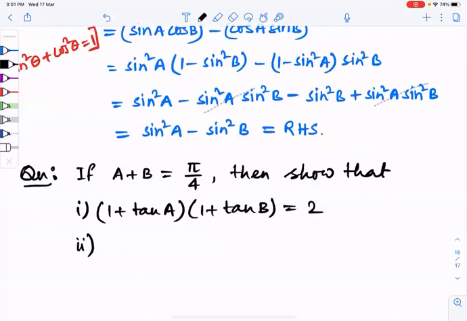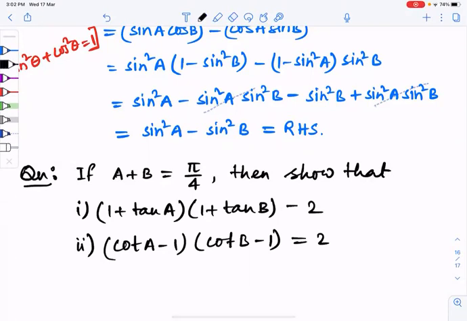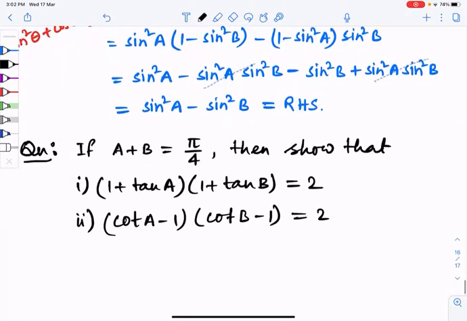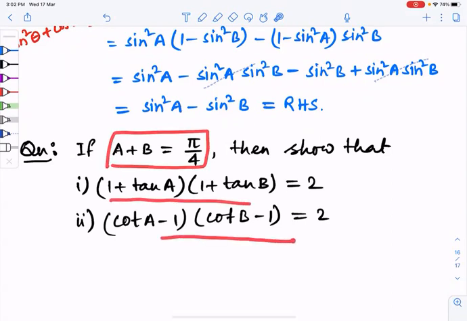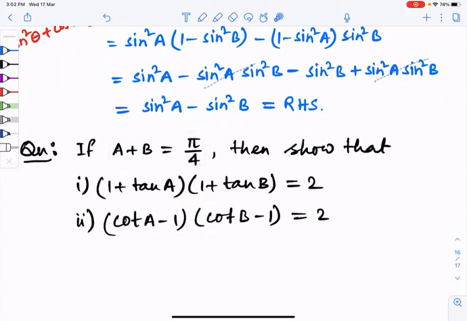Also you can show (cot A minus 1) into (cot B minus 1) is also 2. Okay, these are the two results you can show if A plus B is π/4. That's a condition. If it is true, then only these results will be true, otherwise not. Okay, so I will show you the first one, the second one you have to do yourself.